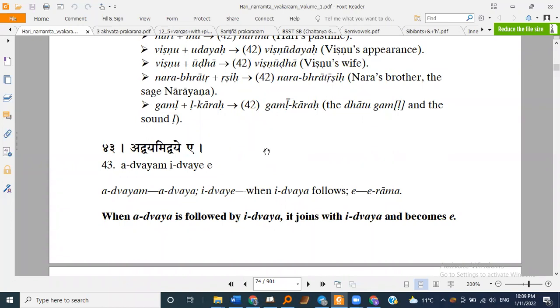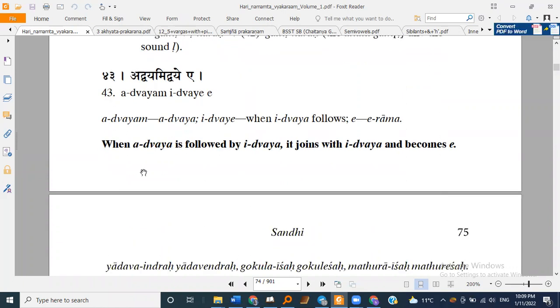Okay, the next one is Advayam Idvai A, Sutra 43. It means when Advaya, what is Advaya? A and A. So they are indicated by Advaya. And what is Idvaya? E and E. So when Advaya is followed by Idvaya, which means either of the Advaya situated at the end of the first word, let's say Krishna is the word.